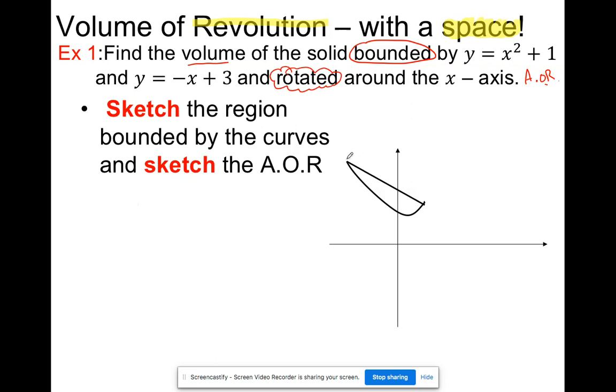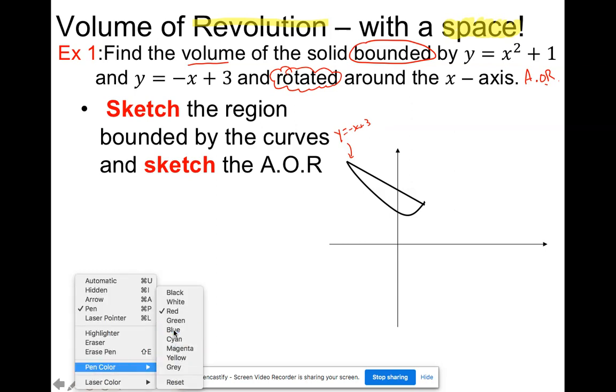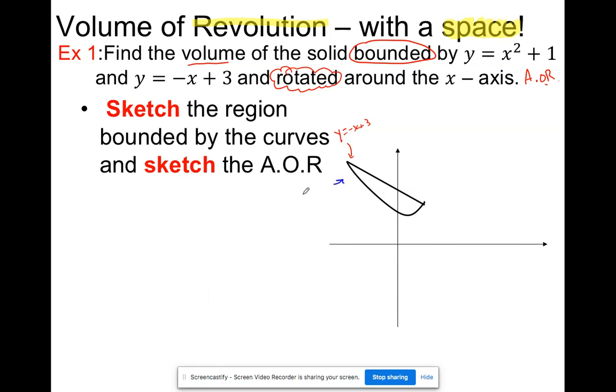So here is my line, y equals negative x plus 3. And here is the curve, y equals x squared plus 1.